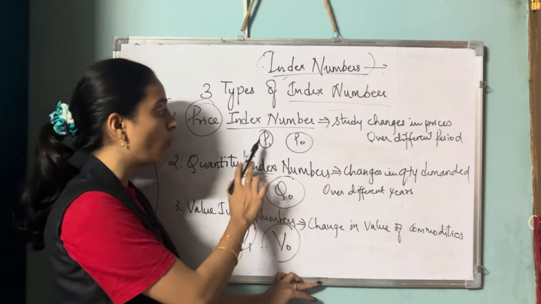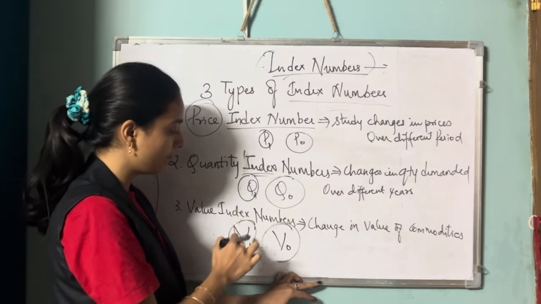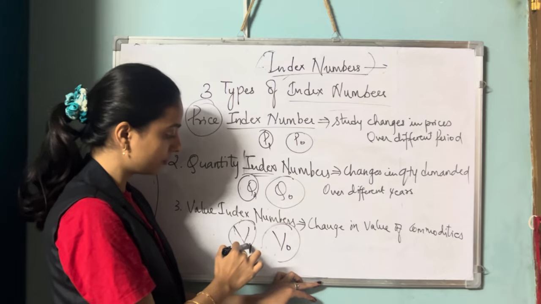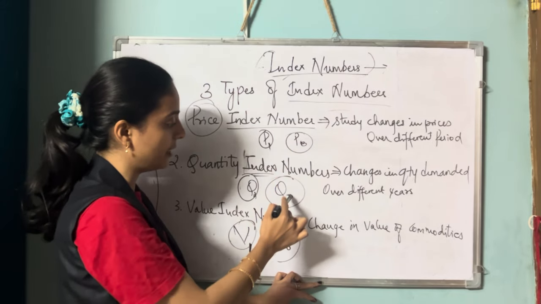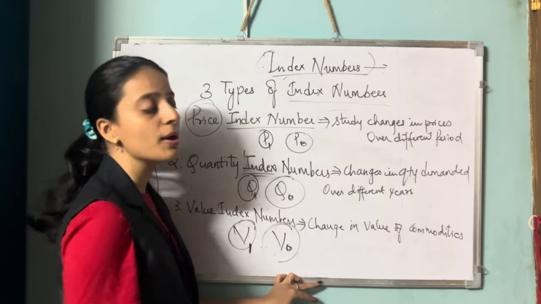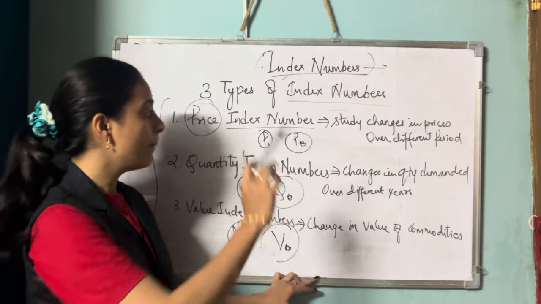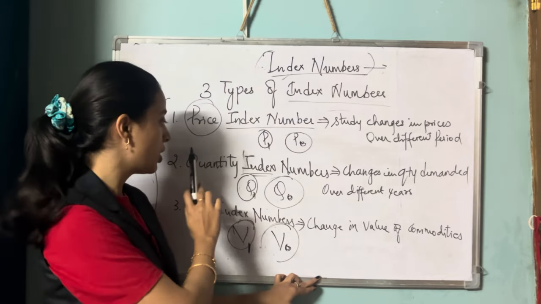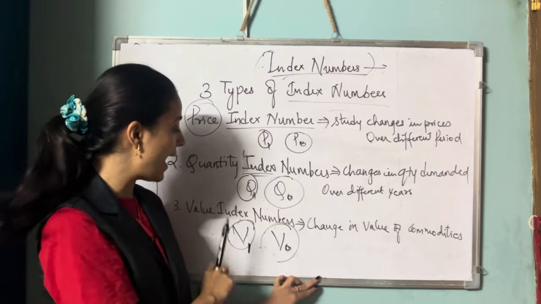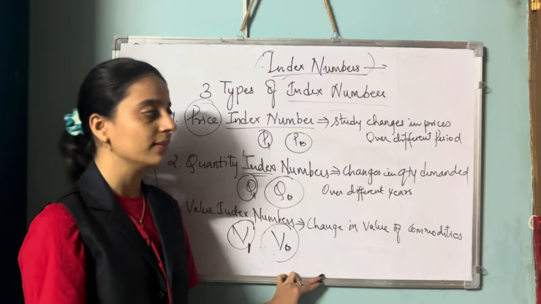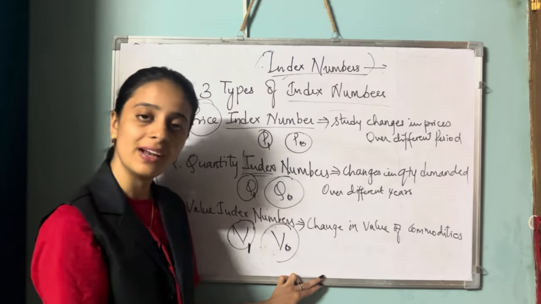So what does 1 denote? Current year. Zeros denote previous years or base years. P stands for price, quantity is Q and value is V. These are the different types of index numbers.